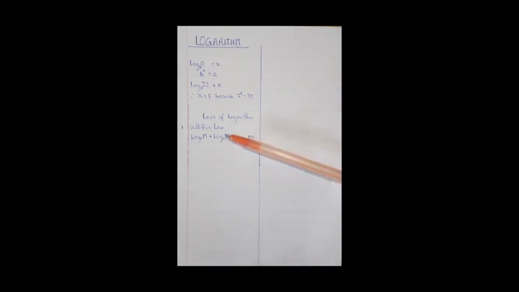So number 1, we have the addition law. We can also call this the product law. Now this law says that if the bases are the same and you have to add the logs, what you have to do is multiply these numbers. So just pick one of the logs, pick one base, which is a.